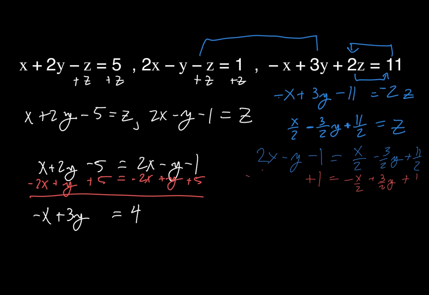Over here, minus x halves plus 3 halves y. Two minus half of an x is 1.5 x, or 3 halves x. Negative 1 plus 1.5 is just a half, so I'll have y over 2 equals 13 halves.